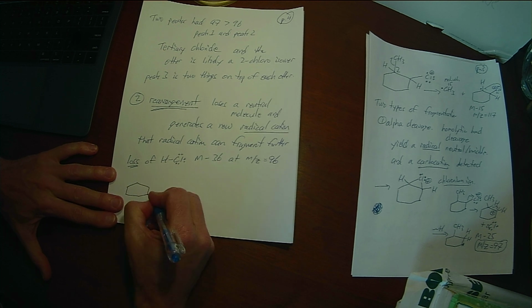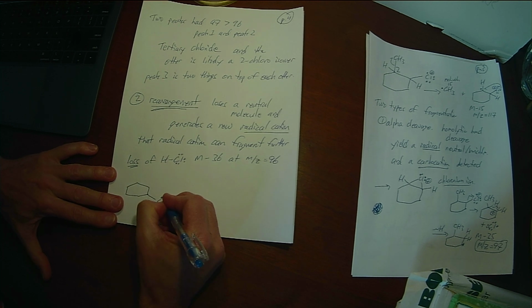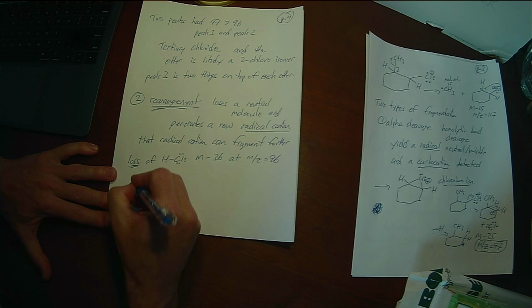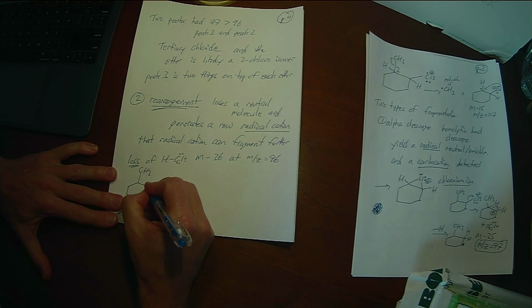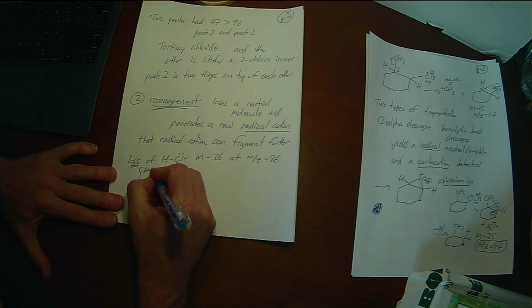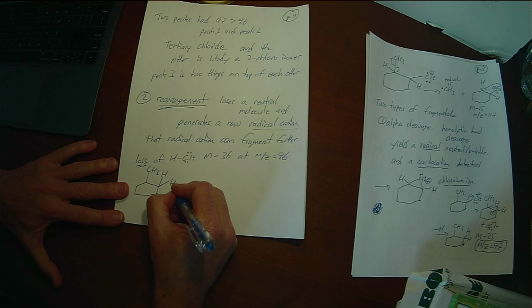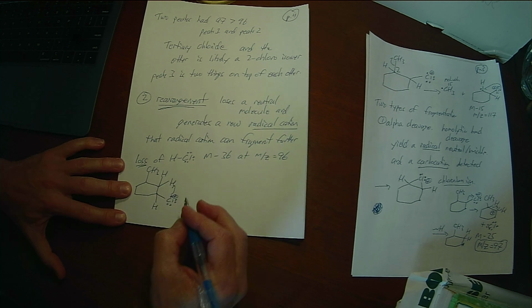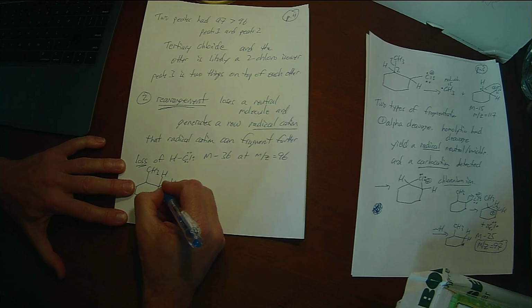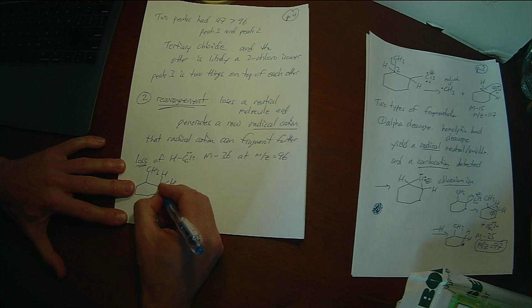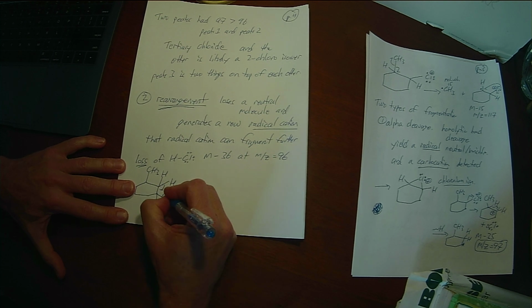So how does that work? Well, you've got the same radical cation that you would have before, our CH3 over here. So what can happen is this chlorine can grab an adjacent hydrogen, right, to form the neutral HCl, and that would then put this other electron down here.